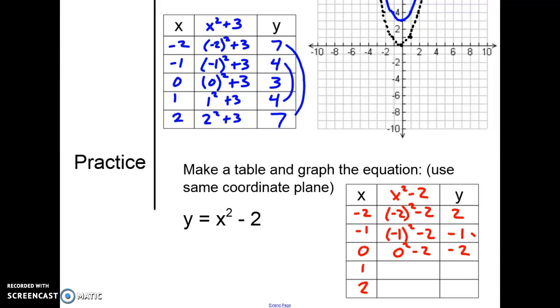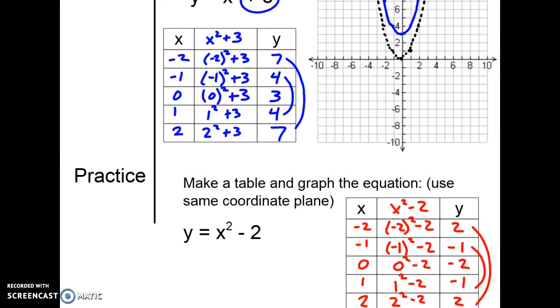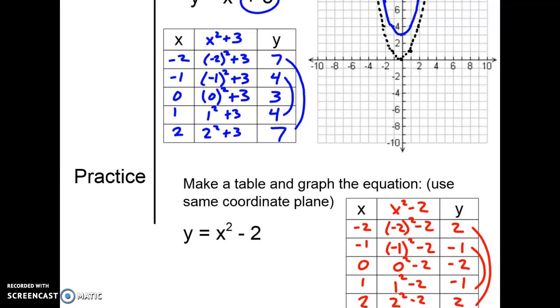And hopefully you'll see how these get mirrored down there. So 1 squared is 1, minus 2, that would be -1. And then we have 2 squared, which is 4, minus 2, which is 2. So then what we have to do is come up to the grid and plot these points. So we have -2, 2.